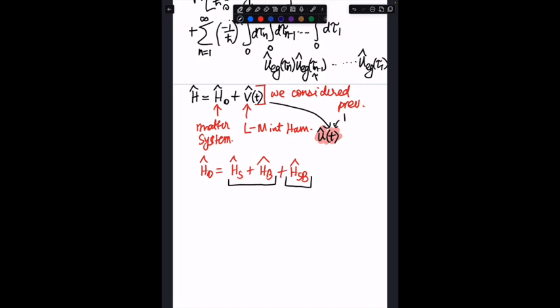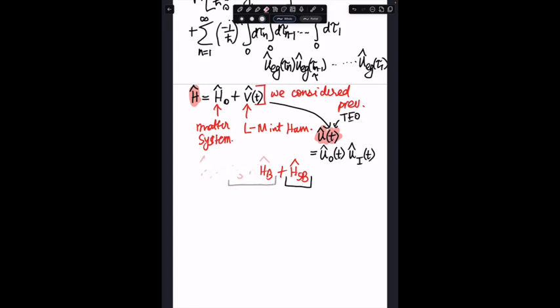This is your time evolution operator. Let me make it extremely clear. So if you consider your total time evolution operator with respect to H, we wrote it as U hat 0 t and U hat I t.